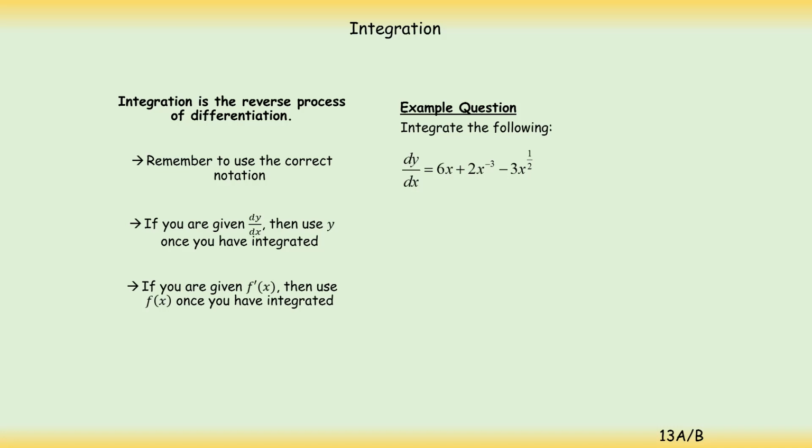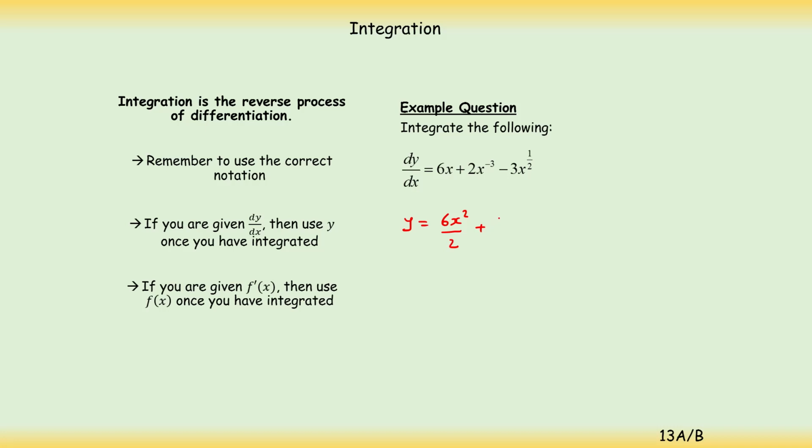Okay, so let's have a look at this example here. What have we got? dy by dx is equal to 6x plus 2x to the power of minus 3 minus 3x to the power of a half. So reversing the process to integrate, y is going to be equal to increase the power by 1. So that's going to be 6x squared and divide by the power 2.